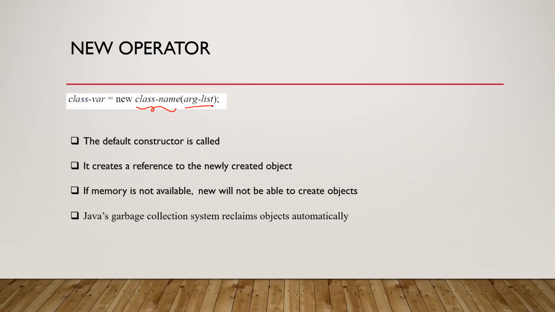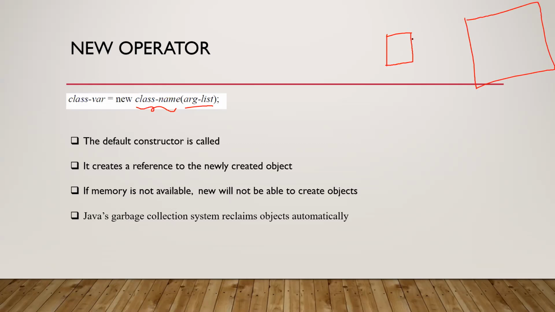When you give a name like minivan, it is actually a reference. Why do I call it a reference? You have this class definition, and when you use the new keyword, an instance is created in your memory, your RAM.